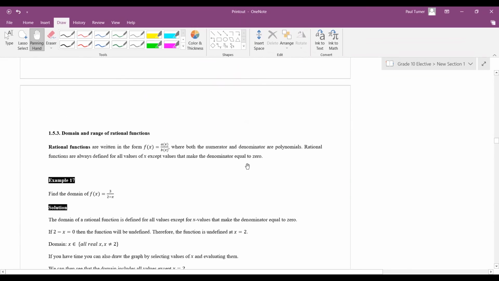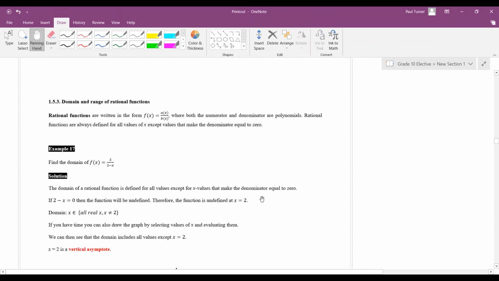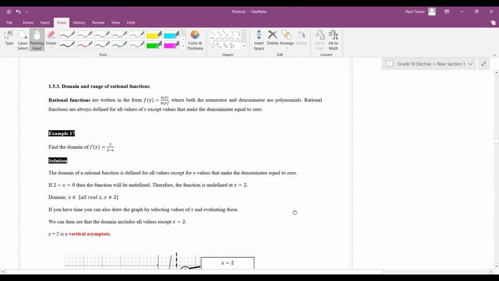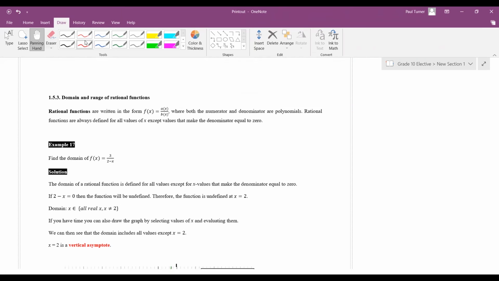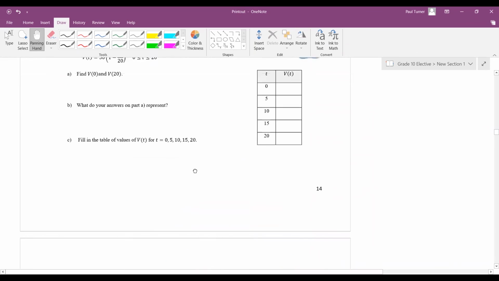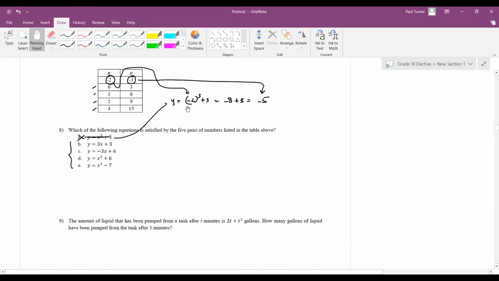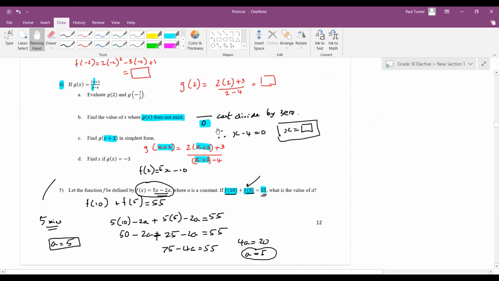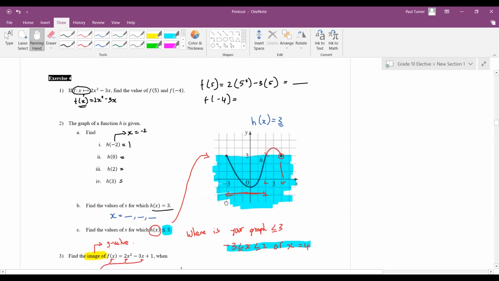Okay. Oh, rational functions. I think we're going to run out of time. I'm going to leave it at this point, because this takes a bit more to explain. So what you can do, you can go back here and complete some more of these questions, because we only have about 8 minutes left.